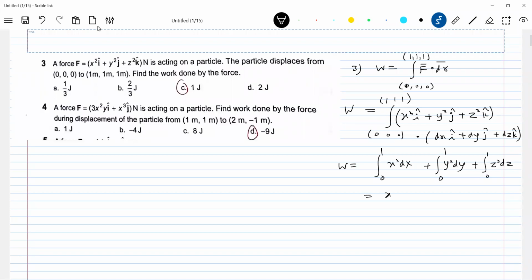So this should be x cube by 3, y cube by 3, z cube by 3. Now what are the limits? 0 to 1, 0 to 1, 0 to 1. So this should be 1 by 3. Lower limit is 0, no? 1 by 3. So everything will be 1 joule.